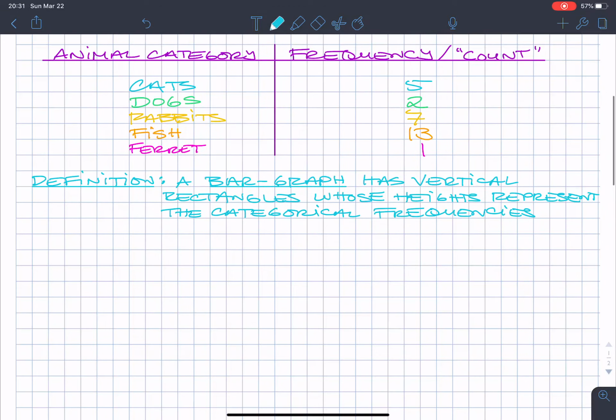That is, i.e., id est, the vertical axis is equal to frequency, or count, right? Number.